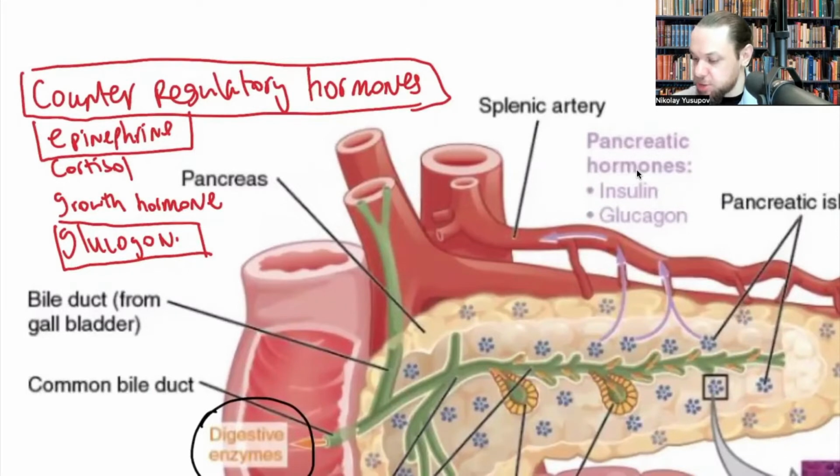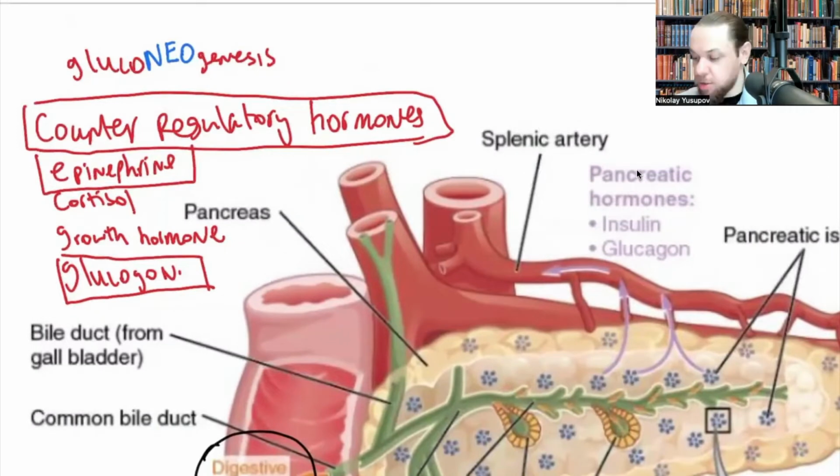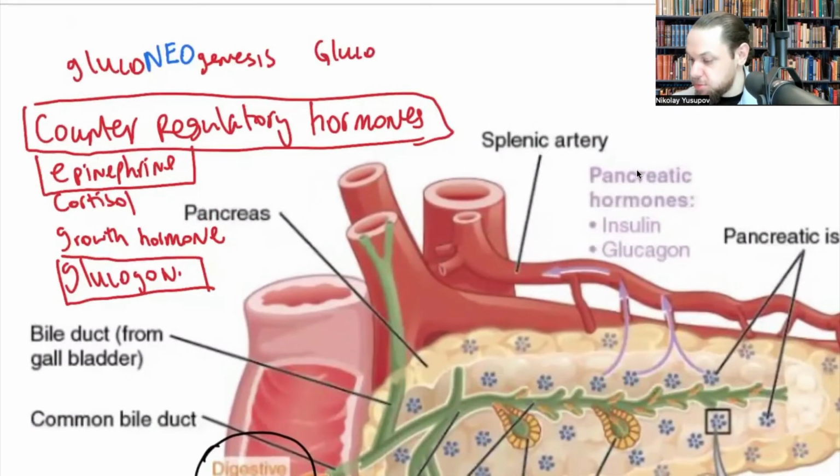One process is called gluconeogenesis. Let me use a different color. And the other process is called glycogenolysis. So the difference is this.